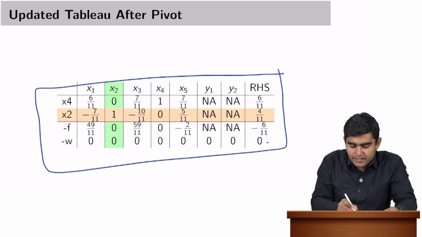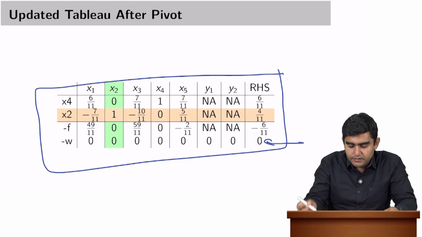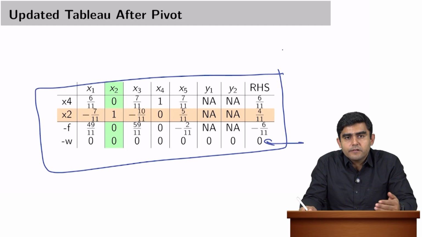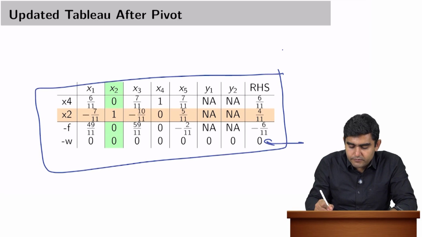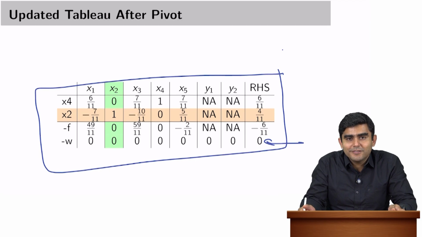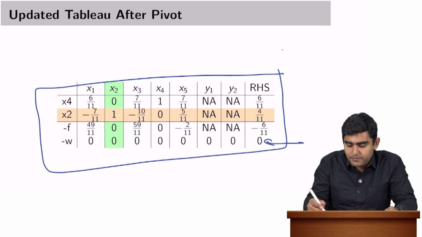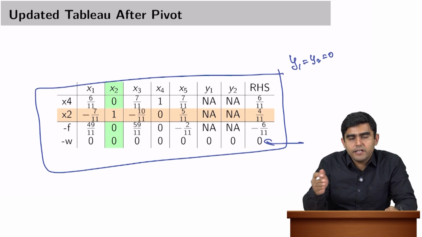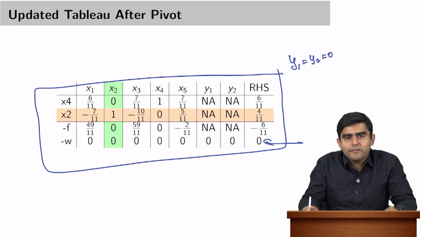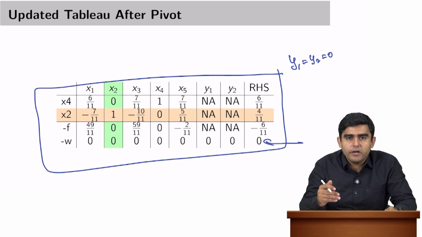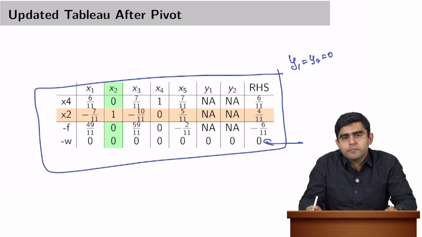This entire row becomes not important for us in subsequent W's, and you also see that y1 and y2 are also out of the solution. That means y1 and y2 now actually become equal to 0, and this is exactly what we wanted when we set up these artificial variables. That means this W would have one feasible solution going forward.